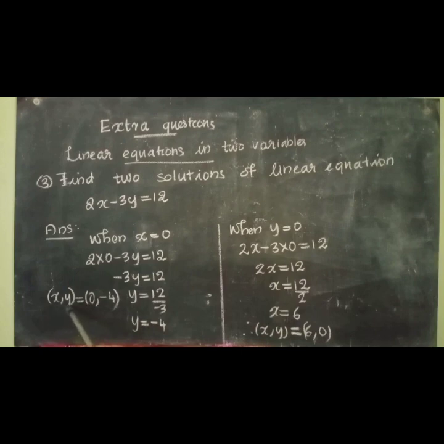Therefore, the solution xy equal to 0, minus 4. Then when y equal to 0, we get 2x minus 3 into 0 equal to 12, 2x equal to 12, x equal to 12 by 2, x equal to 6. Therefore, xy equal to 6, 0. Therefore, two solutions are 0, minus 4 and 6, 0.